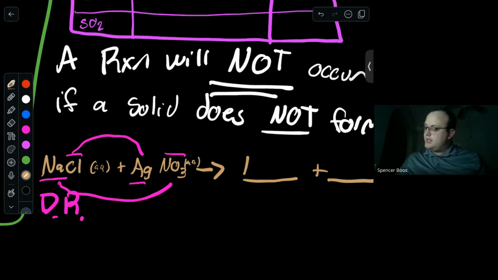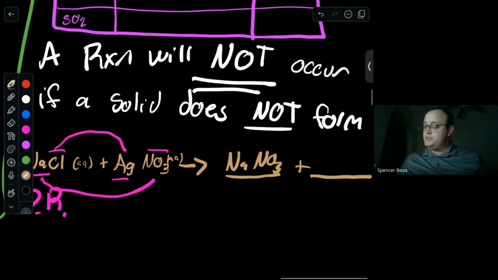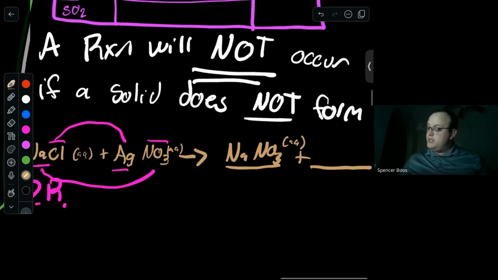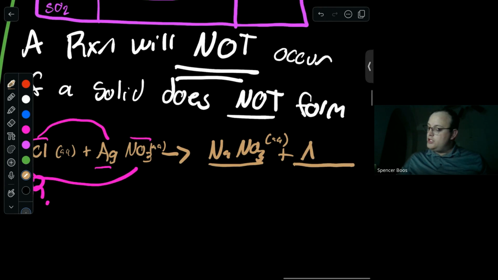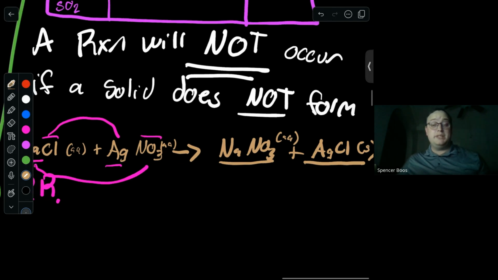So we get NaNO3, and according to our rules, that is aqueous. And we get AgCl, which again, according to our rules, is solid. So because it makes a solid, we need to account for that, and that shows that the reaction occurs.